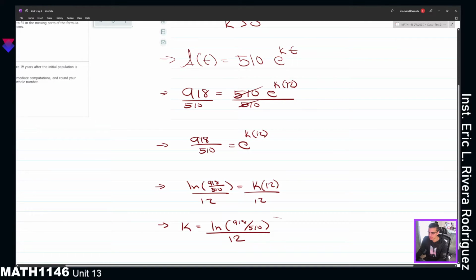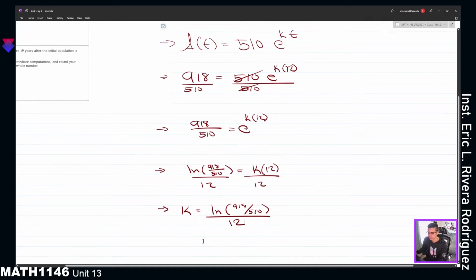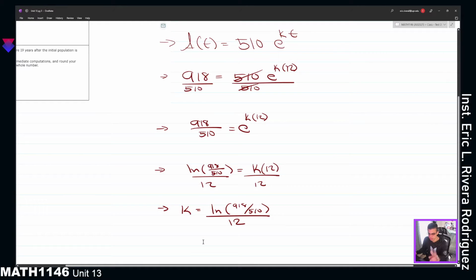Again, you want to practice how to enter this on your calculator. So take a moment, enter this into your calculator, and tell me the value you are getting. I will do the same here to make sure that your answer and my answer are the same.